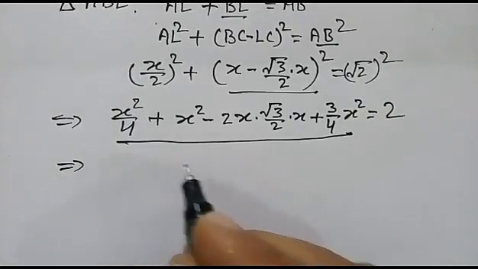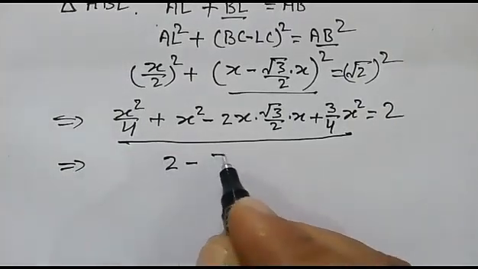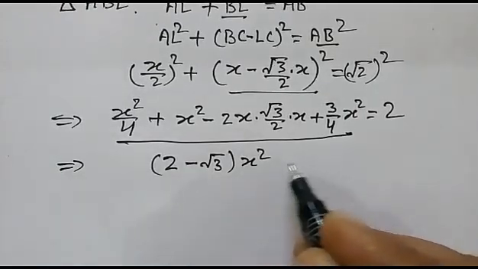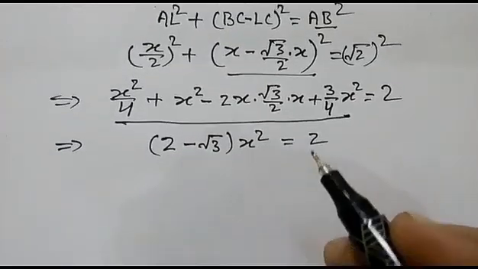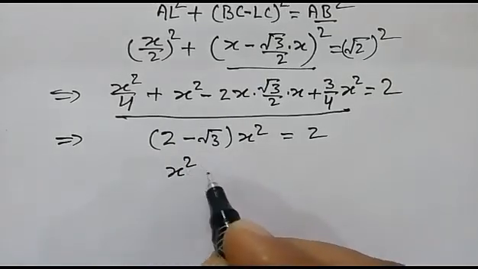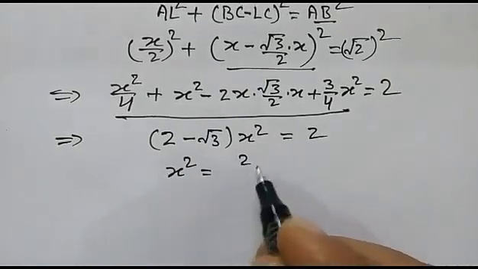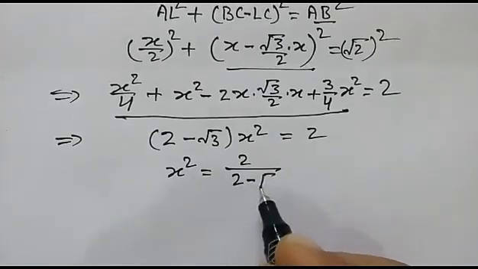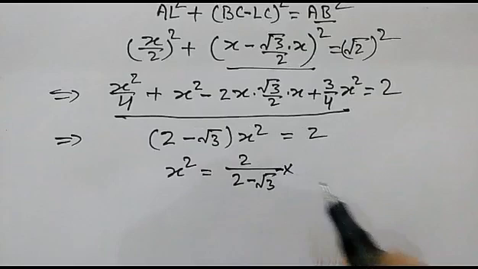If we simplify this, we get 2 minus square root of 3 x square is equal to 2, right? So x square is equal to 2 over 2 minus square root of 3.